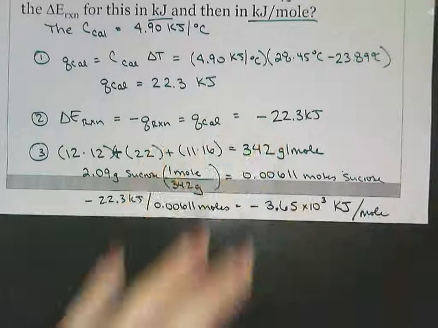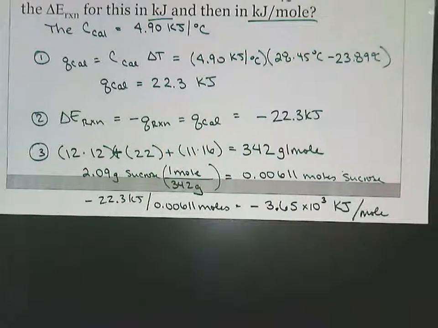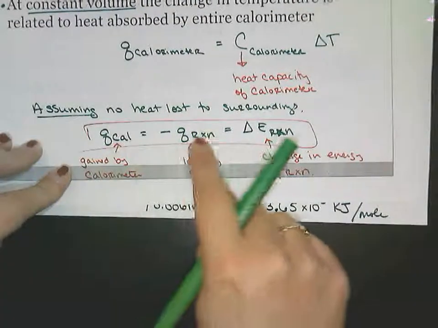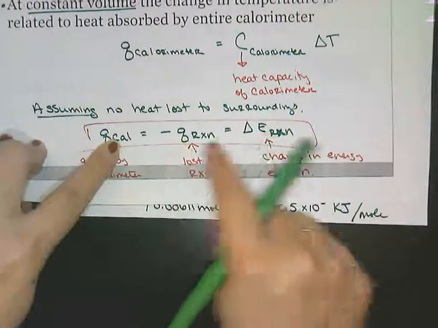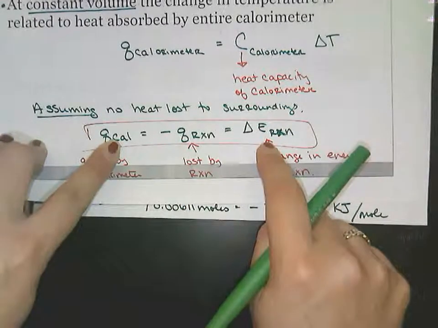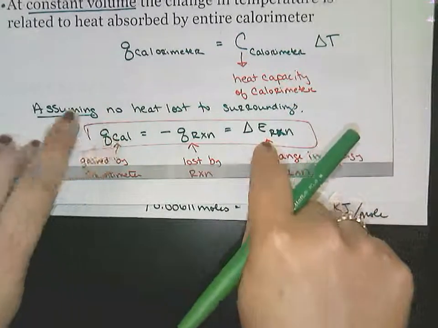Sarah? I'm confused though, because both the change in E and the Q-cal are positive. How did the negative come from that? So if this is positive and this is negative, then the negative sign just tells me which direction the energy is going. I could have put positive if I was asking about Q-cal, but I was asking about Q reaction.